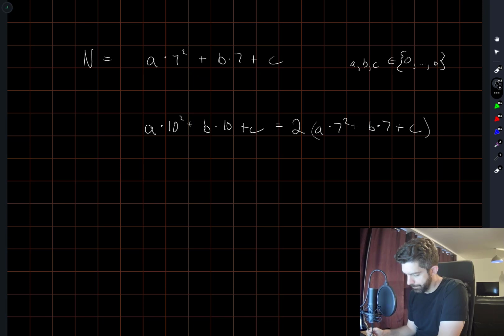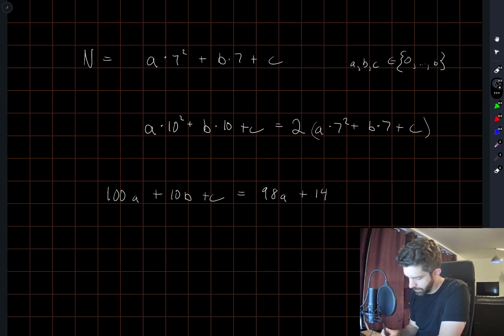So let's expand this. 100A plus 10B plus C is equal to 98A plus 14B plus 2C. So I have 2A minus 4B minus C is equal to 0.